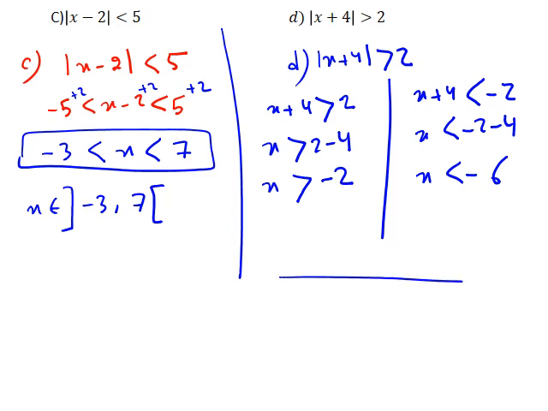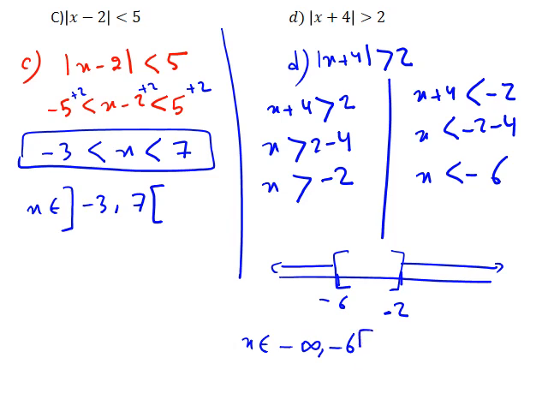The interval is minus 6 here and minus 2 here, without equal. So x belongs from minus infinity to minus 6 union from minus 2 to plus infinity.